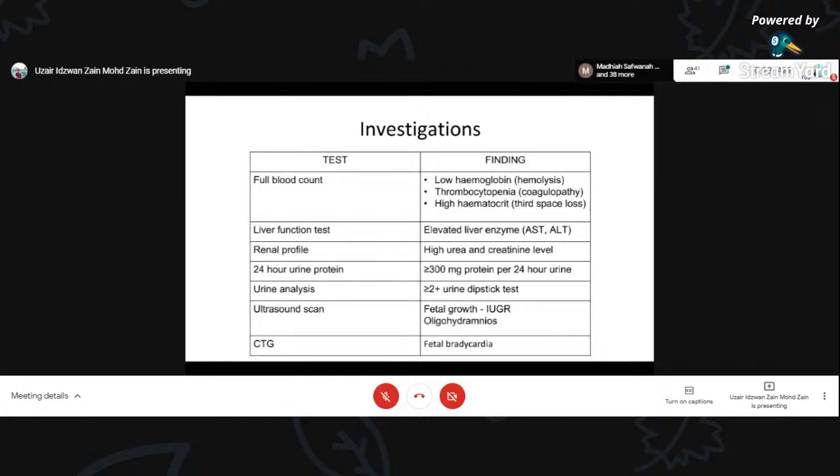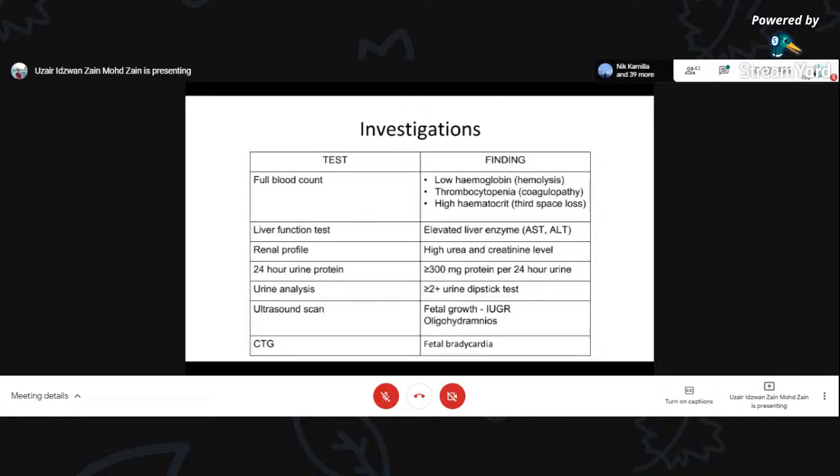So if you go through the NICE guideline on hypertension in pregnancy, they wouldn't actually recommend you to diagnose preeclampsia using 24-hour urine protein. Because when a patient comes to you and you suspect the patient has preeclampsia, don't you think it's fussy to do a 24-hour urine protein? Because if I were to collect my urine myself for 24 hours, it's not really convenient, I would say.